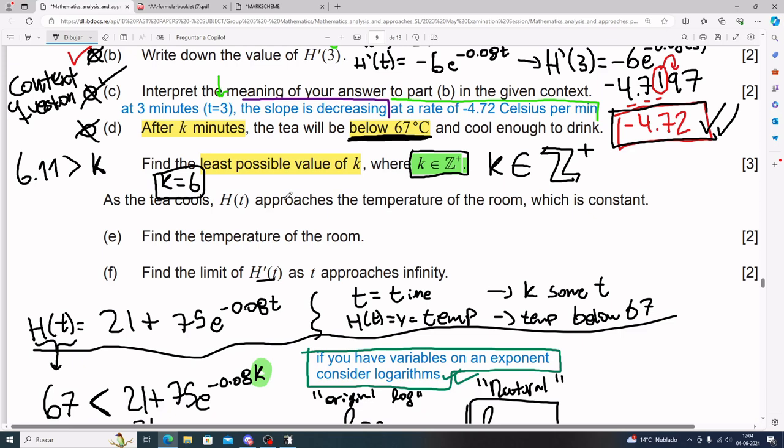This is a small mistake because technically at k equals 6, you are not yet below 67. You are almost below 67, but not quite. And so technically, in order to make sure that you're below 67, it has to be something greater than 6 minutes, given what we found. And so your answer for part D is going to be that k equals 7.